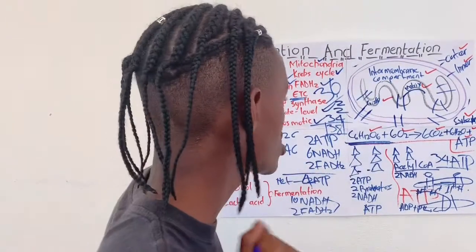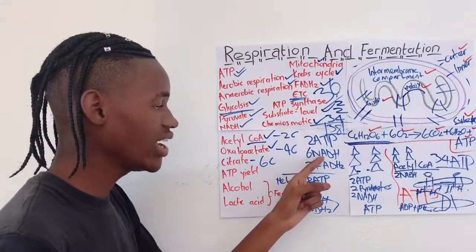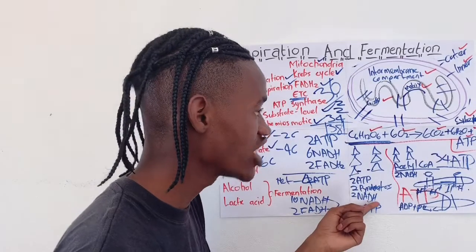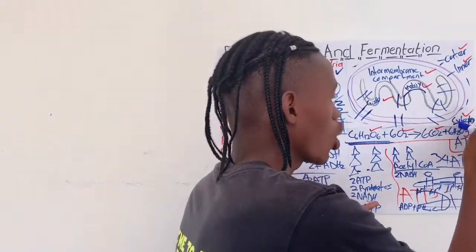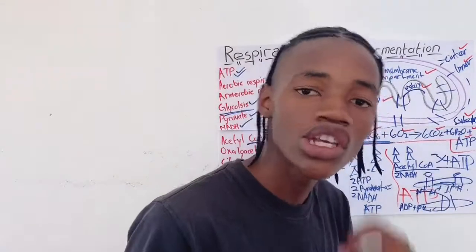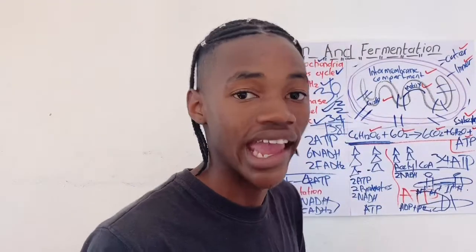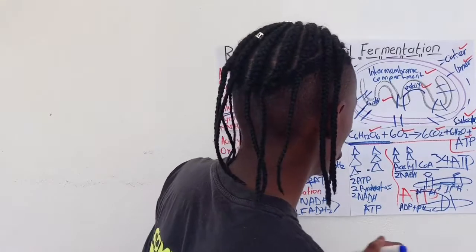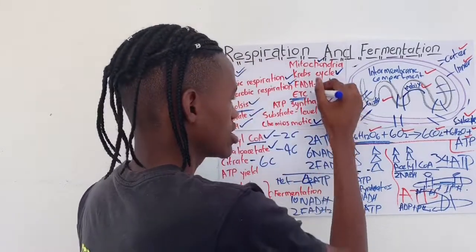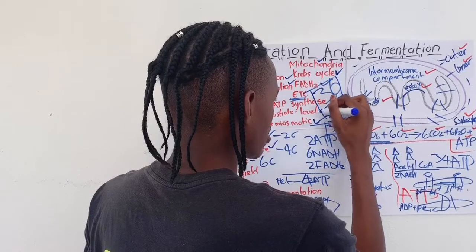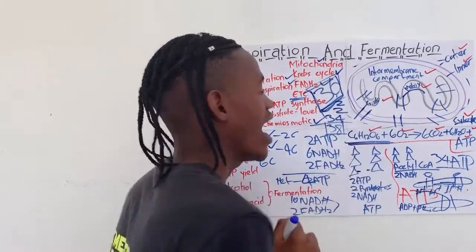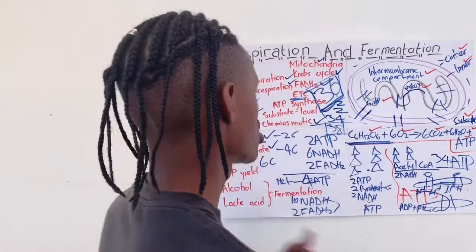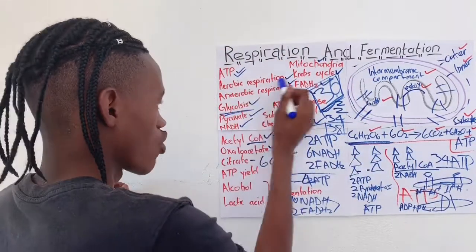This is because for the two molecules of NADH to move from the cytosol to the matrix, it uses 2 molecules of ATP, right? That is why we have a net total of 36 ATP molecules, and that is how ATP is made by the process of aerobic respiration.